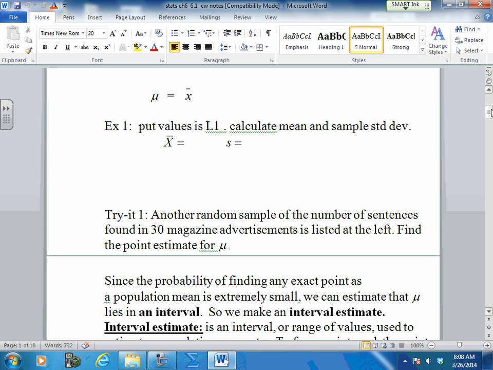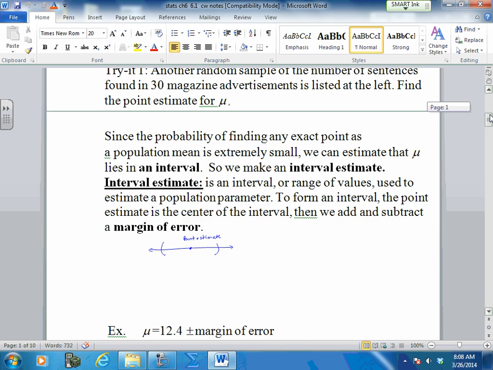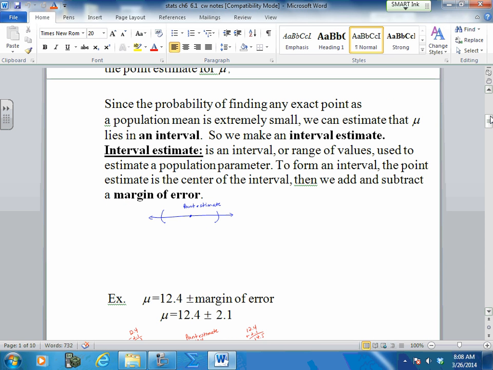Now, if you move on to the interval part, this piece right here is so important. Since the probability of finding any exact point as a population mean is extremely, extremely small, we can estimate that the population mean, the mu, lies in an interval.